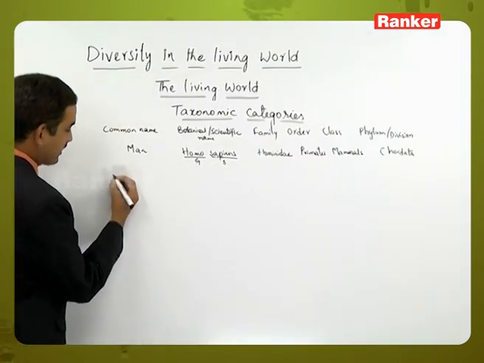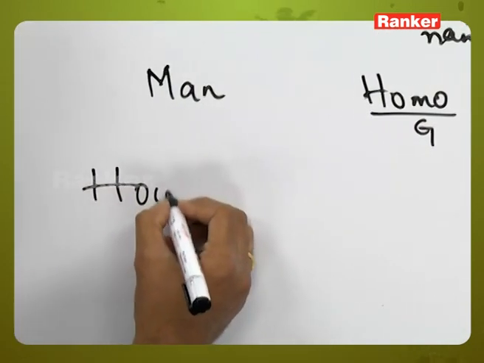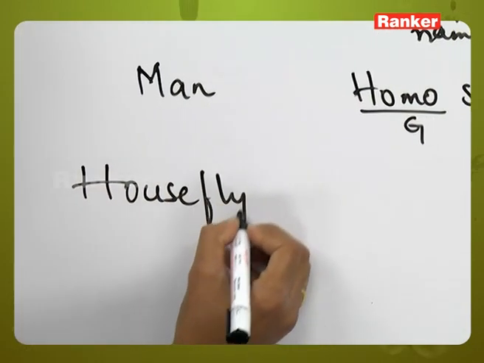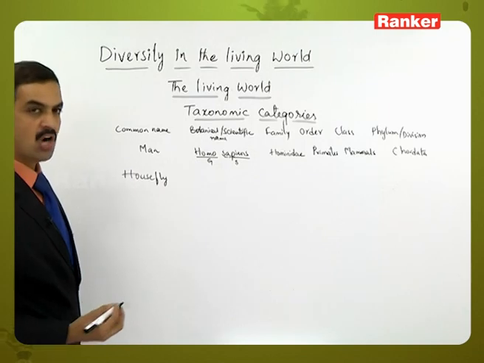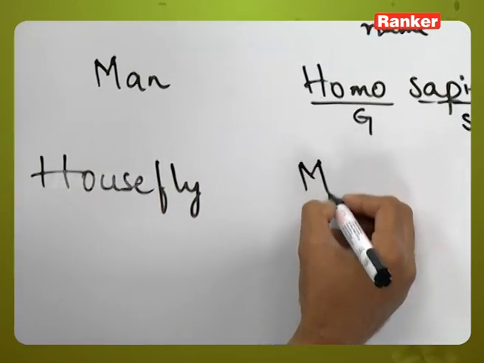Then the second example is housefly. The scientific name of housefly is Musca domestica.